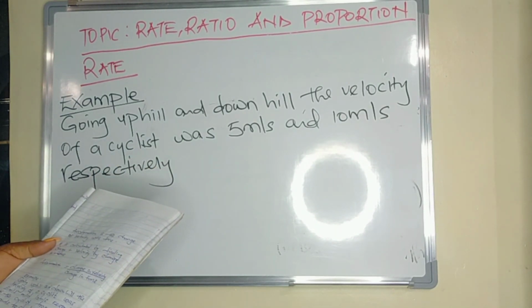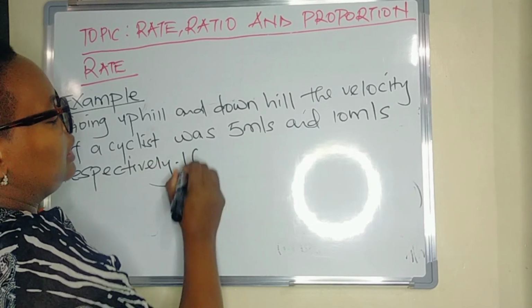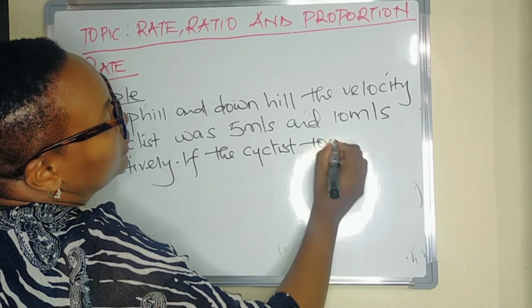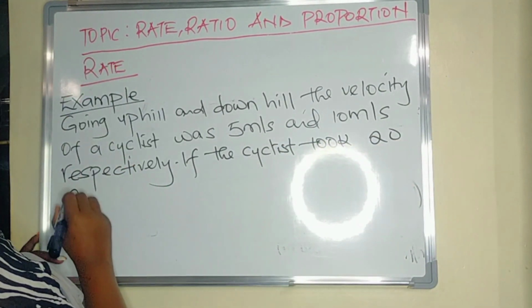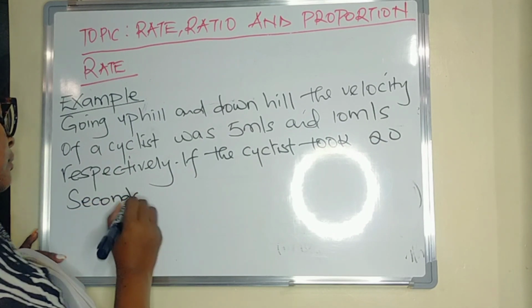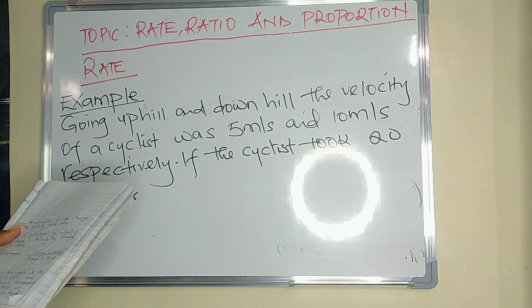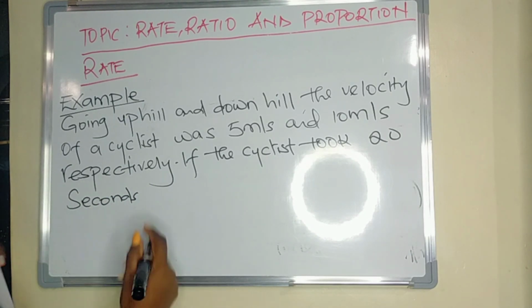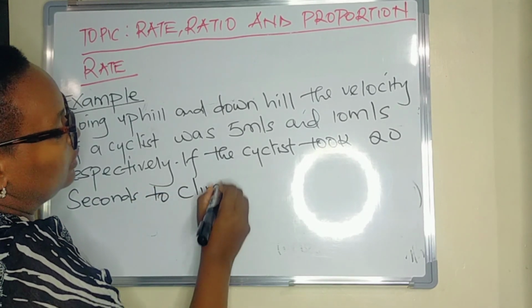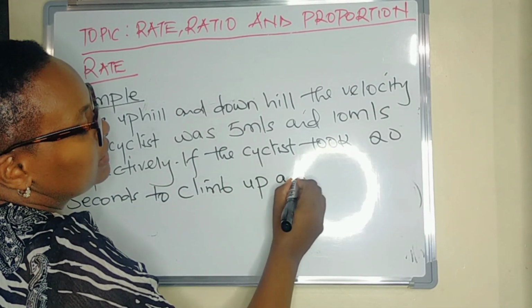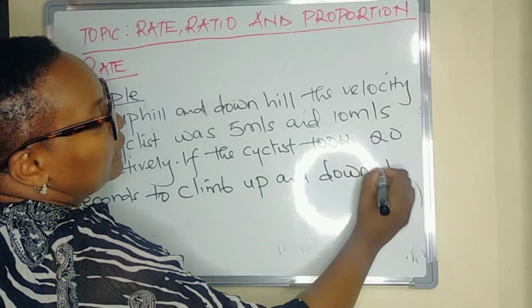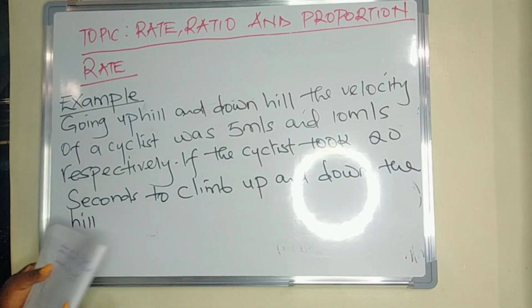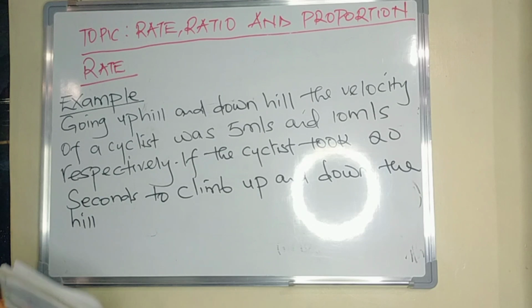If the cyclist took 20 seconds to climb up and down the hill, calculate the acceleration of the cyclist.